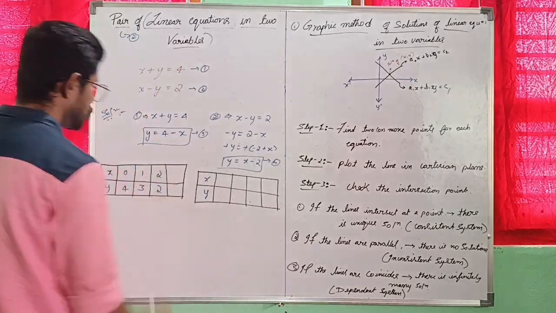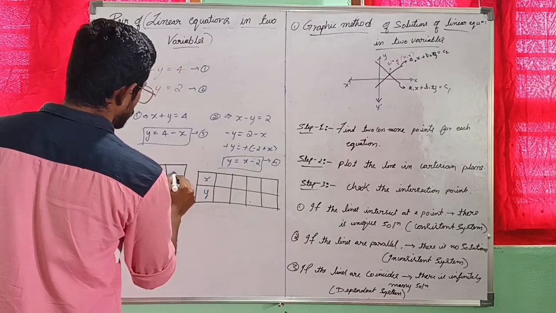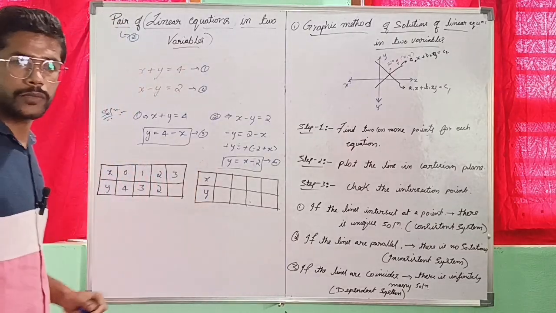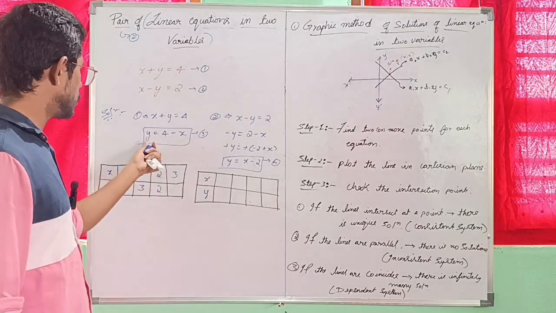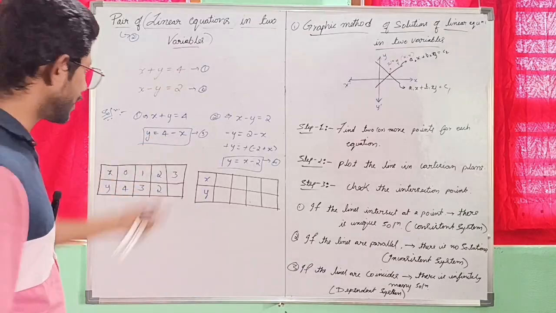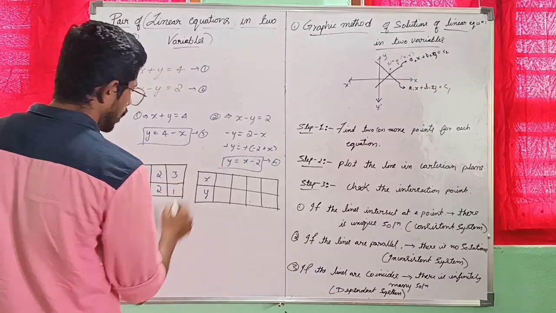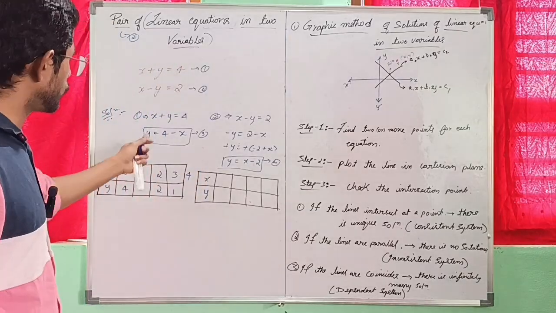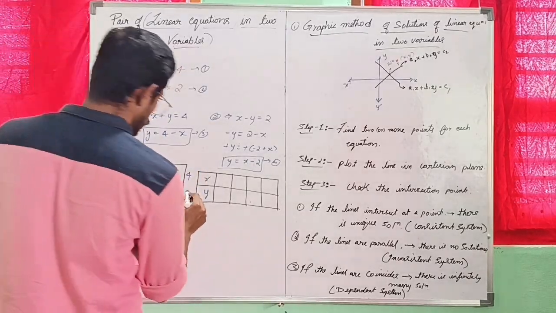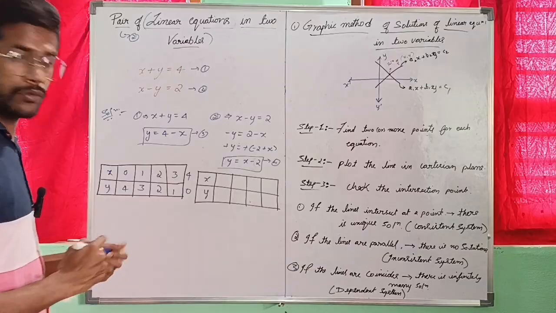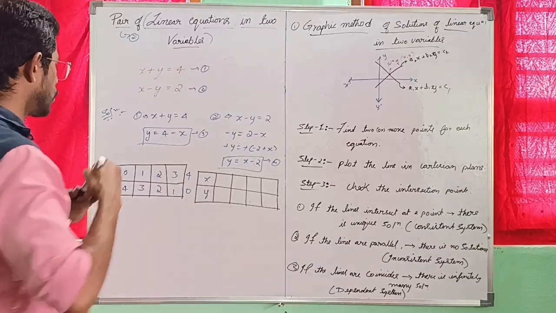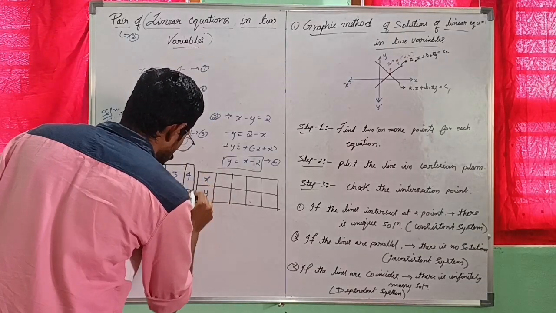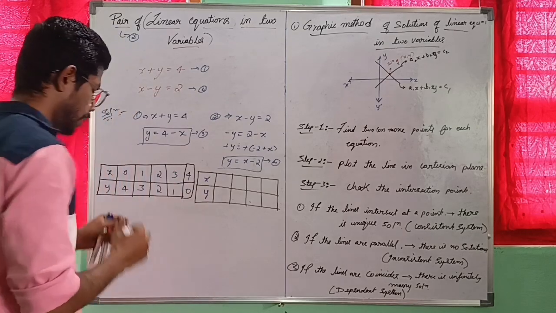When x is equal to 3, the y value is 4 minus 3, which is 1. And when x is equal to 4, the y value is 0, right? 4 minus 4 is 0.